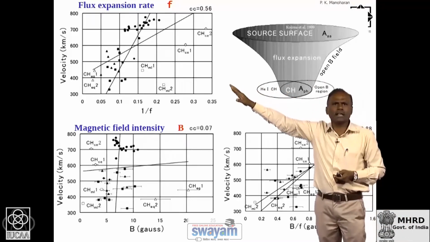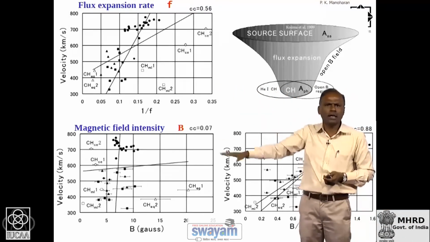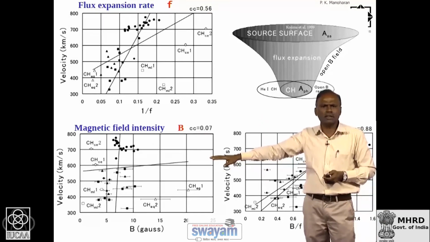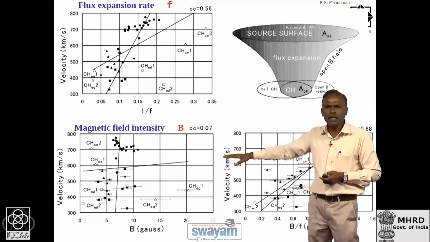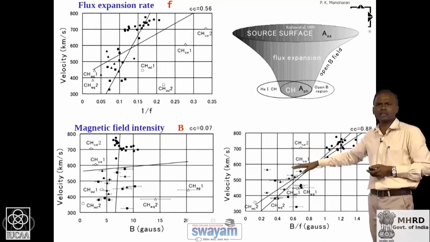So, for example, this curve shows the velocity as a function of 1 over expansion factor, and this shows the velocity as a function of magnetic field intensity. This one shows the velocity as a function of magnetic field and expansion factor.